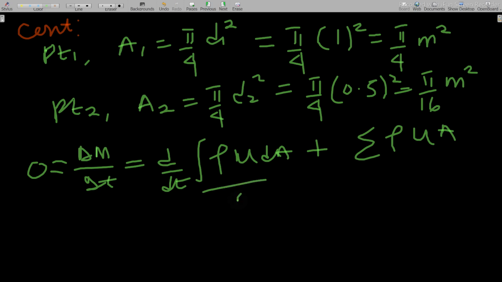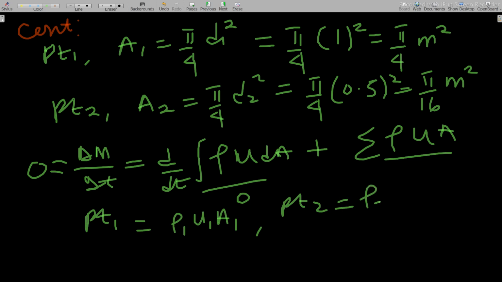So we find the summation of things at both ends. For point 1 it is ρ1 u1 A1, and for point 2 we get ρ2 u2 A2.